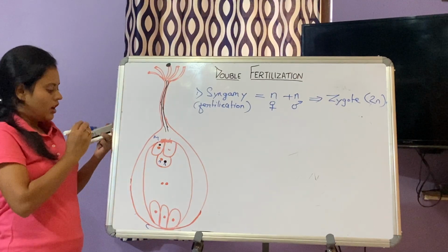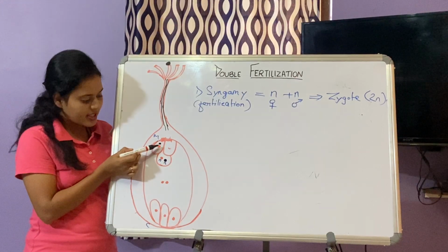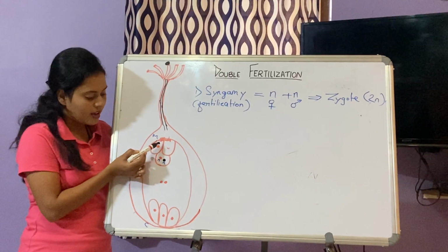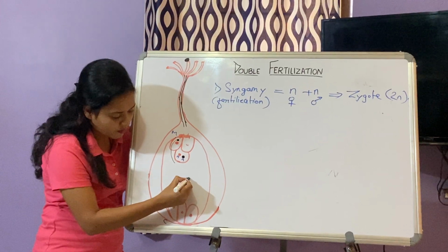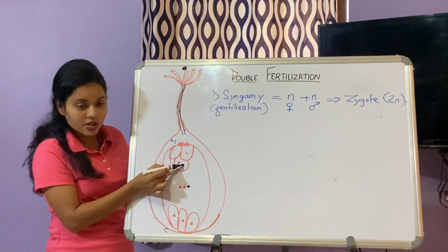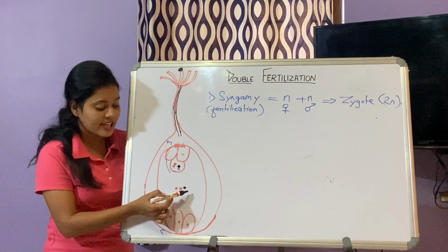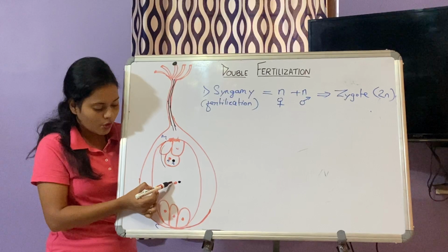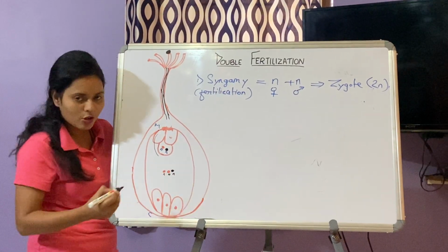Got it? Now let me tell you about the second nucleus, or second male gamete. This male gamete comes and fuses near the polar nuclei, which are present in the central cell. The polar nuclei are already haploid, and the other male gamete is also haploid.